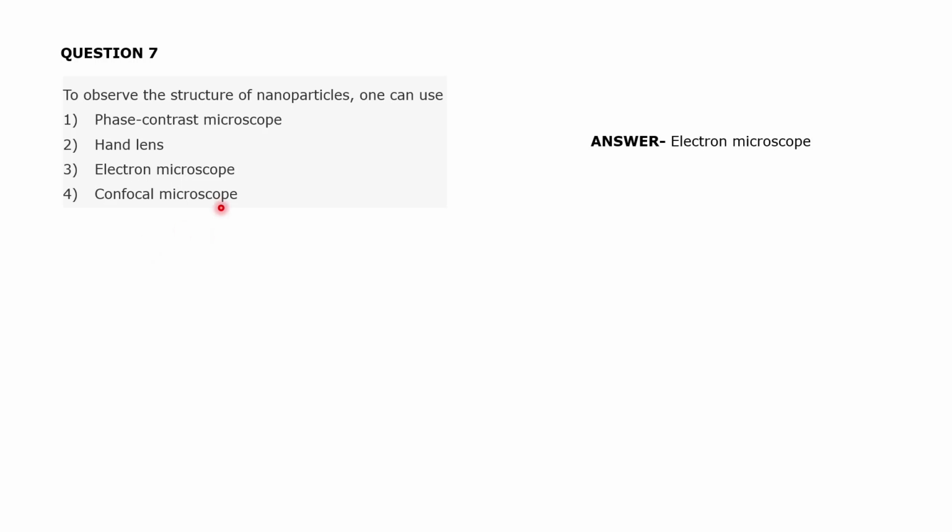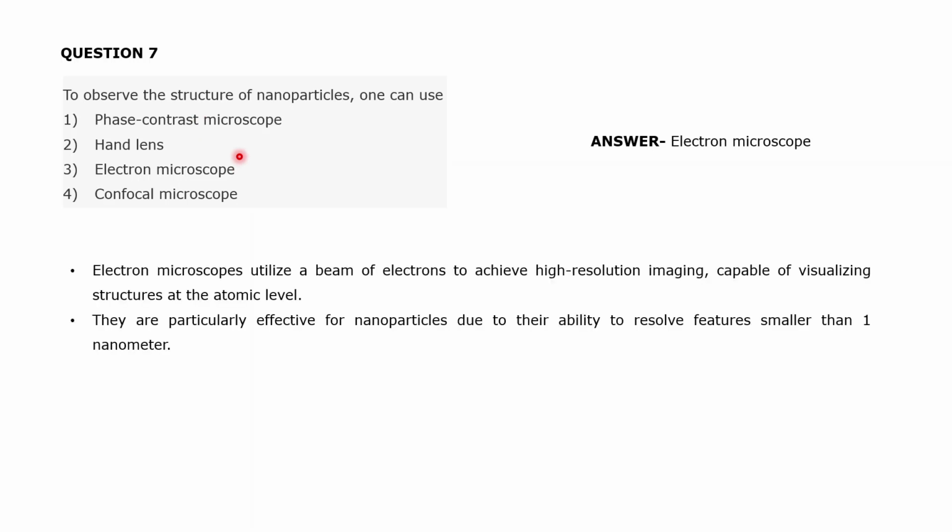So basically you know that the other microscopes cannot reach the magnification needed for nanoparticles, because they are at the nanometer scale. So the only microscope that can achieve this type of magnification is an electron microscope. An electron microscope is a highly sophisticated microscope. A light microscope or any compound microscope or confocal microscope uses a light beam to observe images of a specimen.